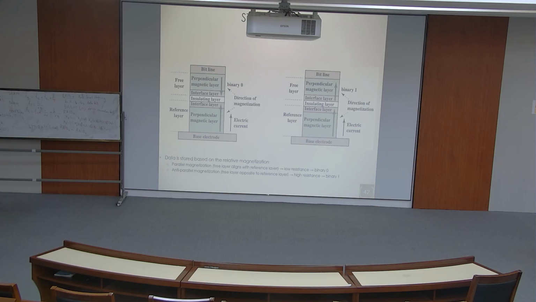We have parallel magnetization, where the free layer aligns with the reference layer, which is the low resistance, binary 0. Then we have the anti-parallel magnetization, with the free layer opposite to the reference layer, and this represents the higher resistance for the binary 1.